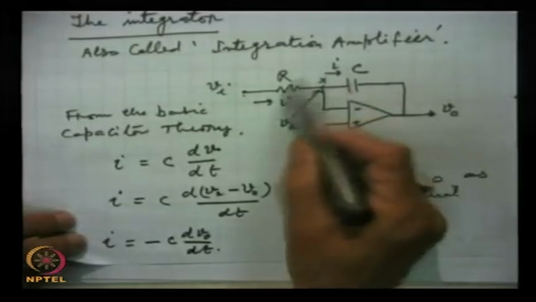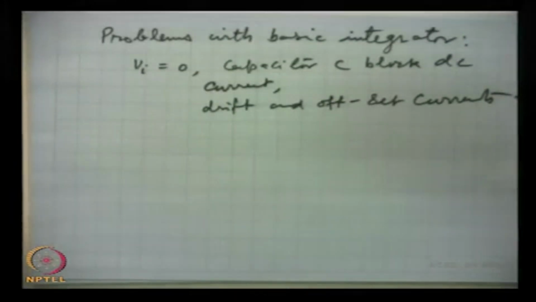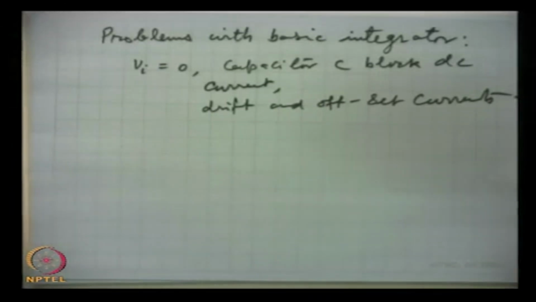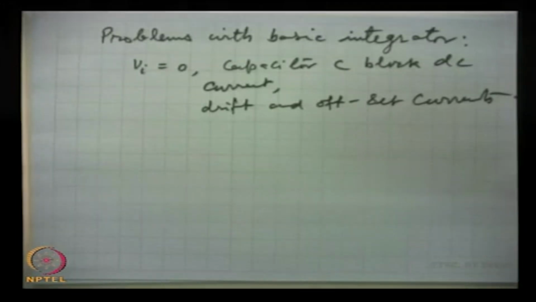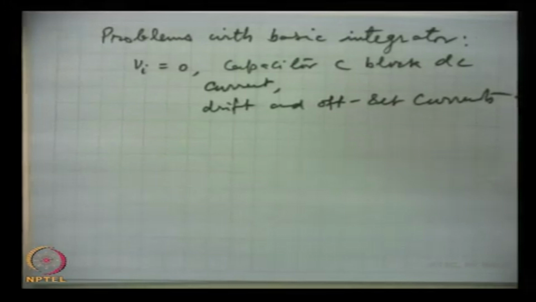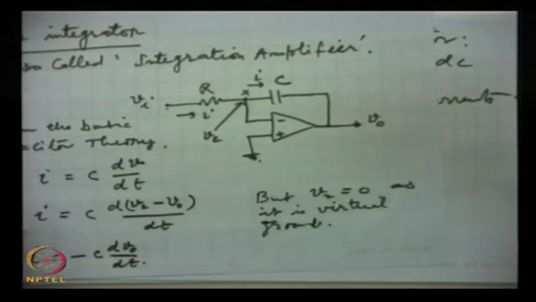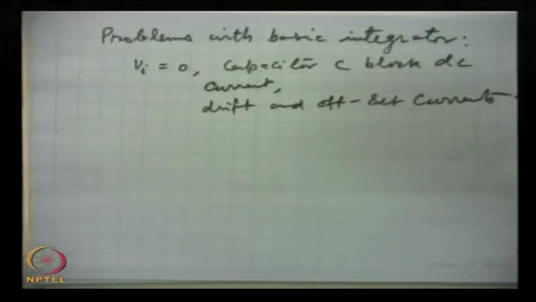these currents will not be fed back to the inverter, but they will continuously charge the capacitor, and hence a voltage gets developed, and then it is amplified and an output voltage appears while the input is 0. So the presence of this output voltage is an error voltage, and it should not be.